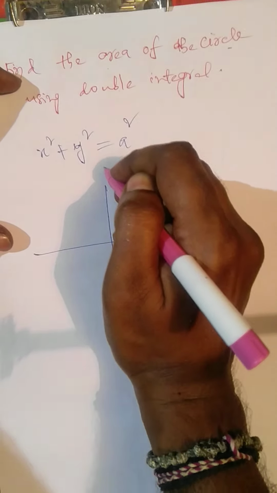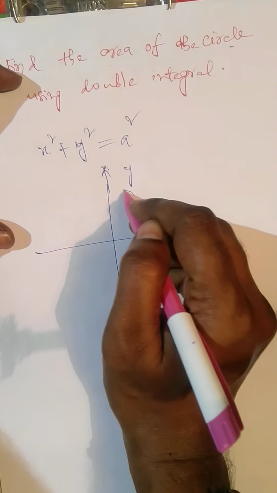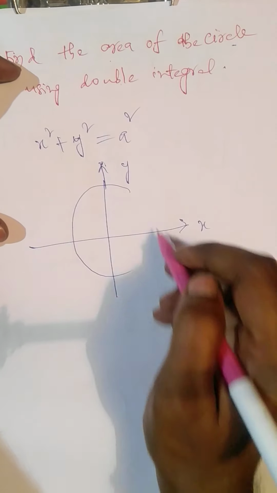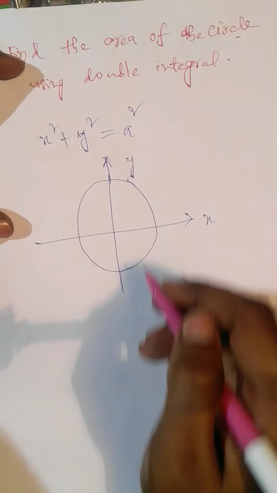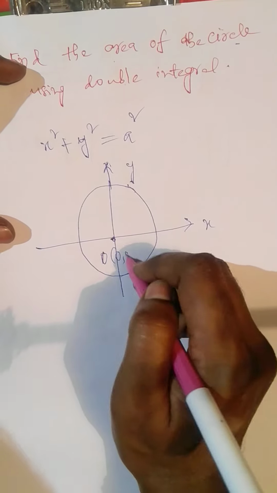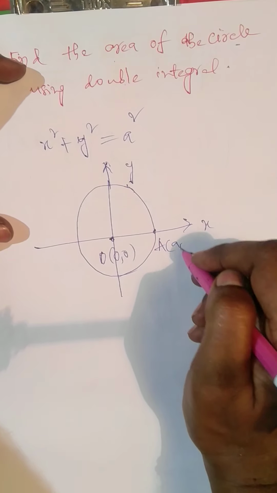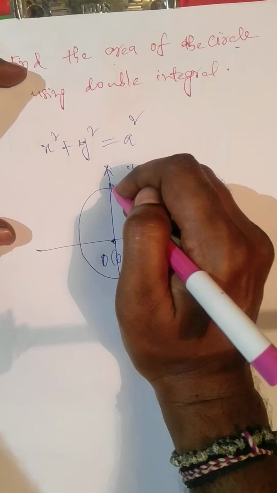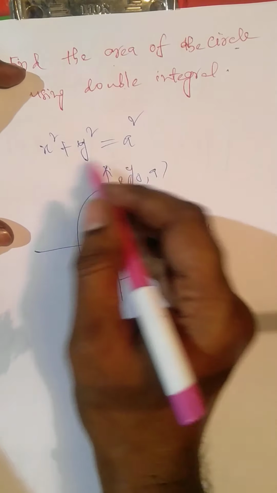This is the x-axis and this is the y-axis. This is the circle. What is the center here? The center is the origin, (0, 0). This is the point (a, 0) because the radius is a units. This is the point B (0, a). Now we have to find the area of the circle.